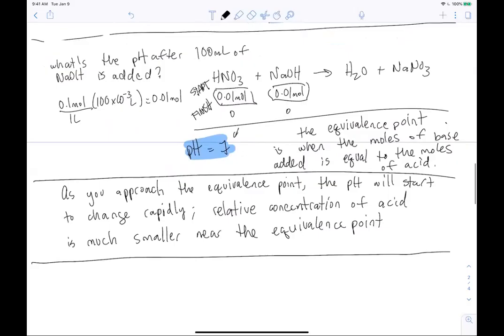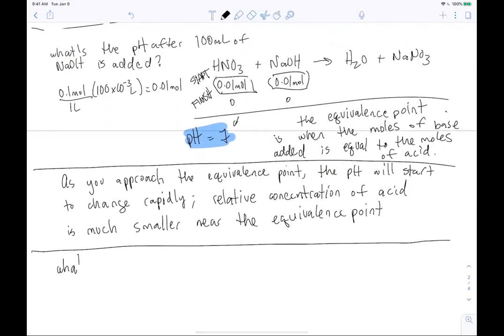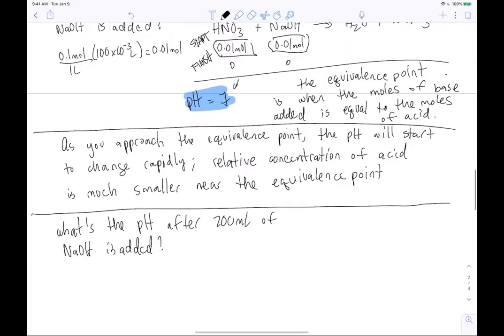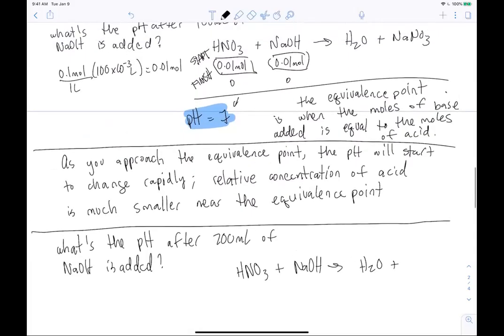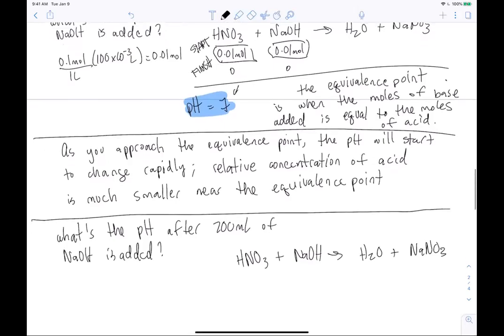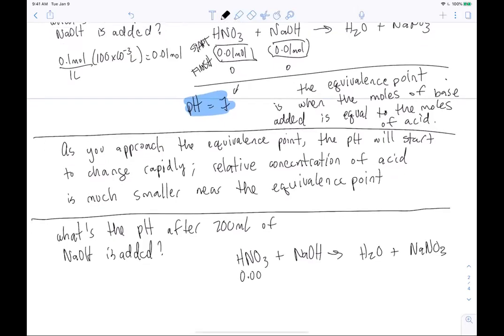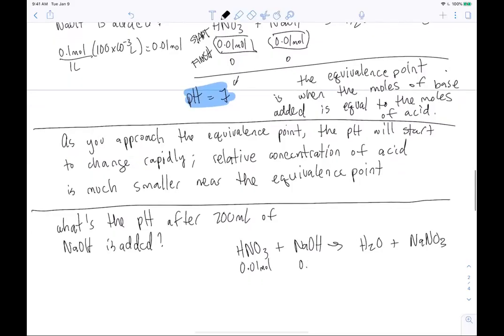So beyond the equivalence point, at least we can start on this. If we had 200 milliliters of sodium hydroxide, again we just start out with the neutralization reaction. The amount of base we've added here is going to be 0.02 moles.